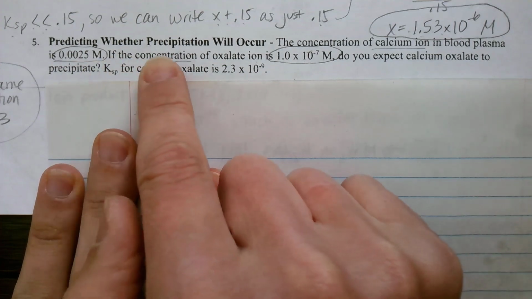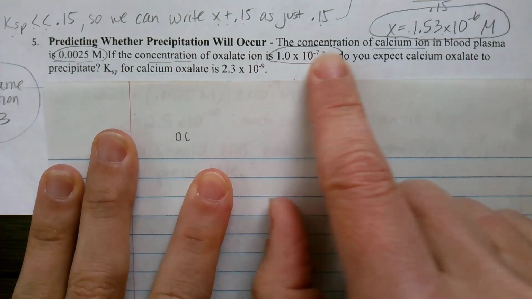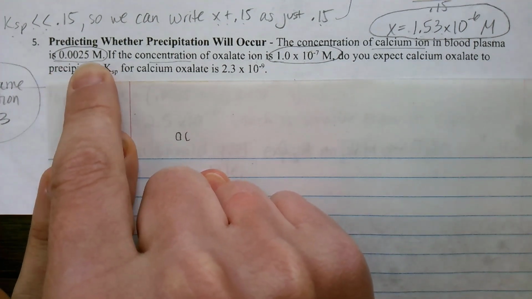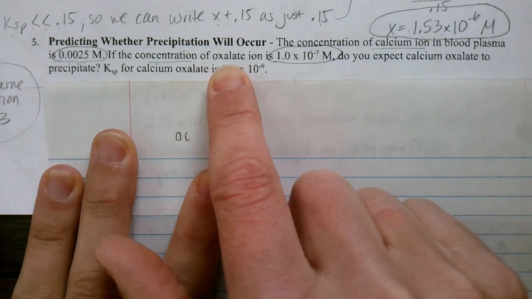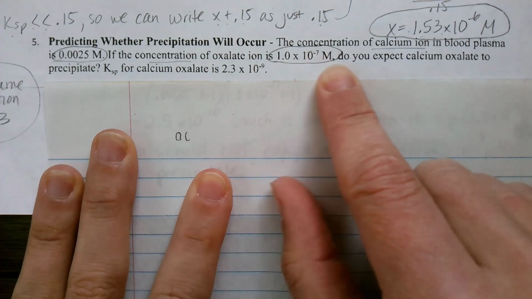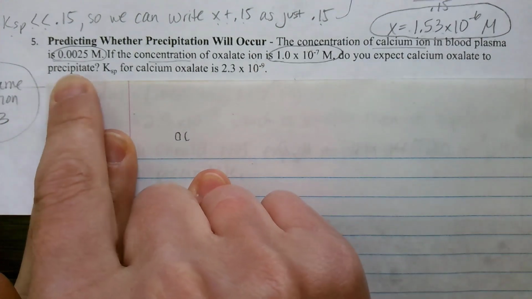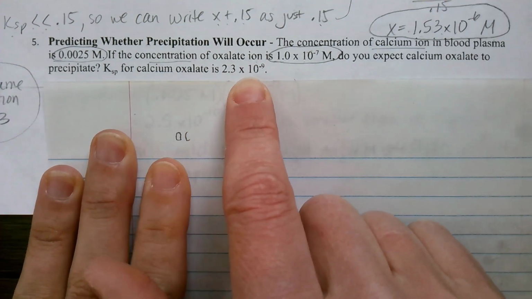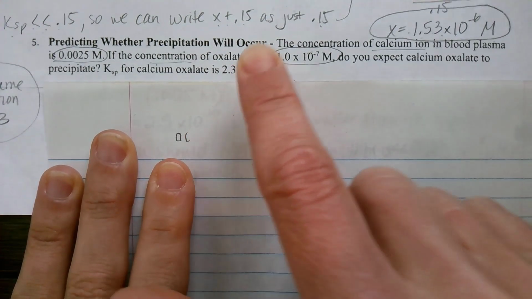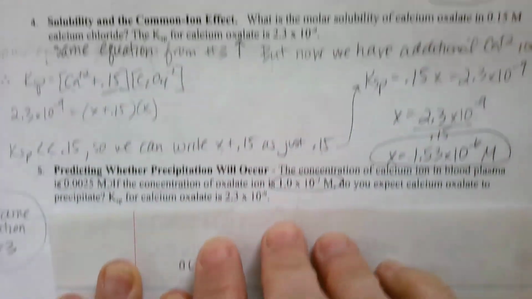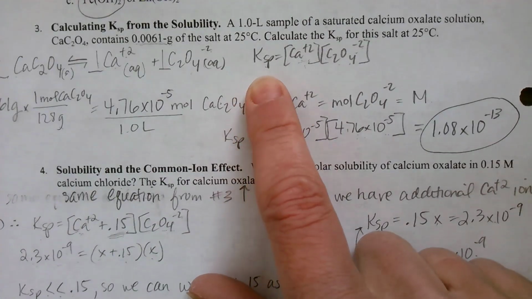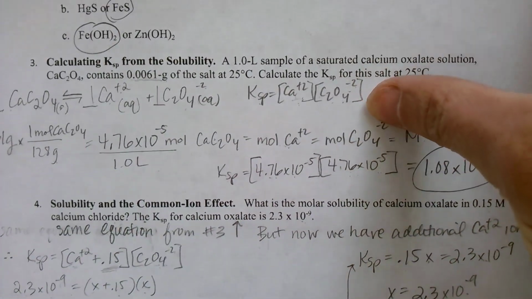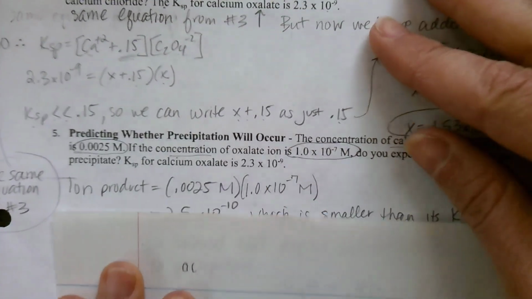Looking at number 5, we want to predict whether precipitation will occur. The concentration of calcium ion in blood plasma is 0.0025 molar. If the concentration of oxalate is 1 times 10 to the negative 7, do you expect calcium oxalate to precipitate? The KSP for calcium oxalate is 2.3 times 10 to the negative 9. Okay, so let's use the same equation as we did up here in number 3, knowing our KSP is the concentration of calcium times the oxalate.